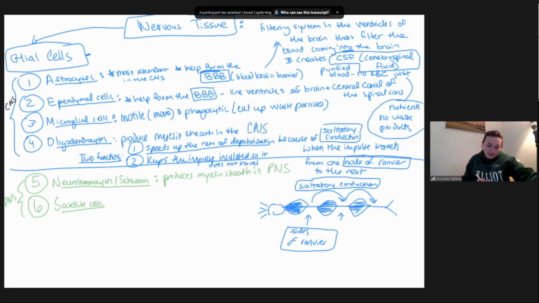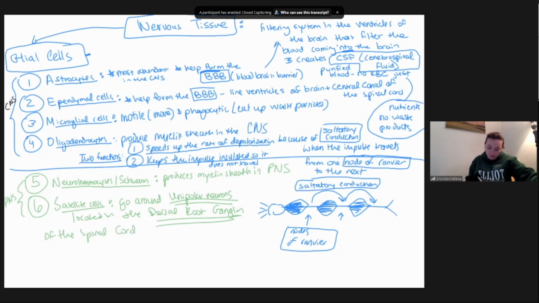Okay, very last glial cell. So satellite cells, these go around unipolar neurons located in the dorsal root ganglion of the spinal cord. You may or may not have looked at your dorsal root ganglion yet, but when you look at your spinal cord, you have a back side and a front, an anterior and a posterior.